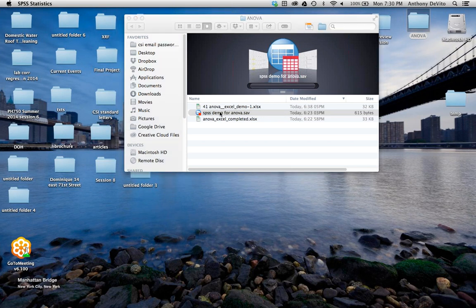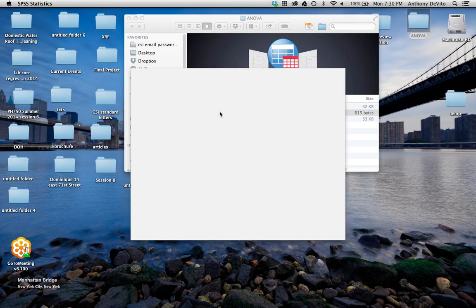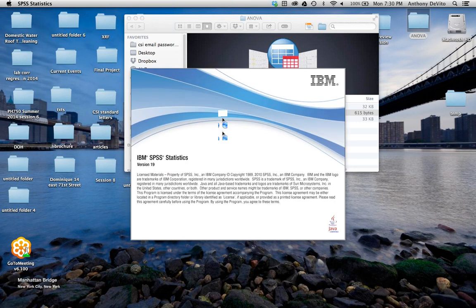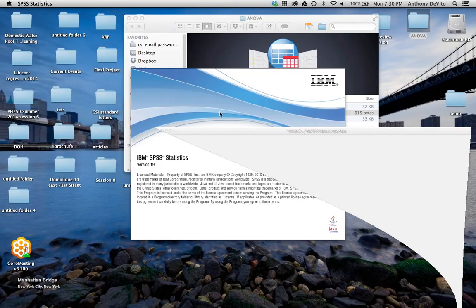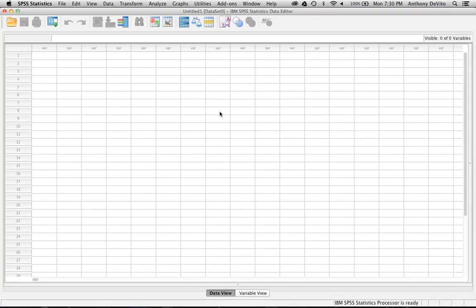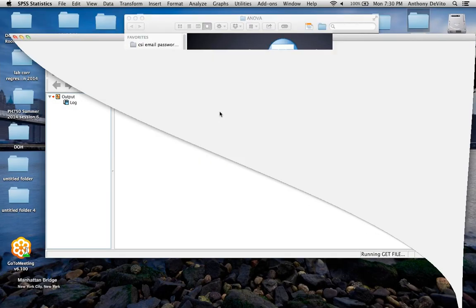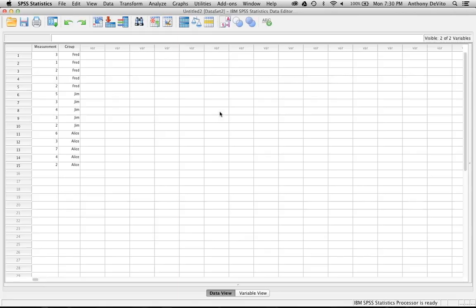Okay, SPSS will start up. Eventually, it'll start up. If the spinning ball goes away, there we go. Okay, we're coming. Okay, and as usual, for some reason, it opens up twice, but that's okay.